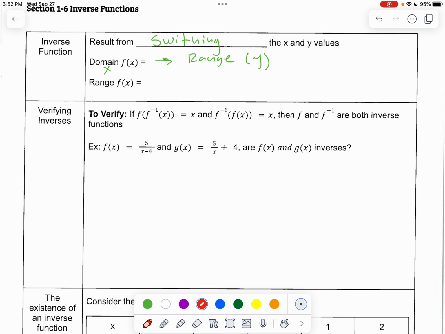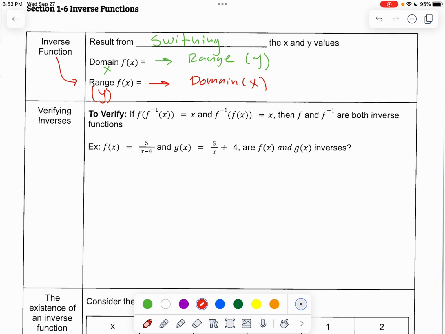When you use the inverse, you usually have your range, which is your y, and it takes you back to your domain, which is the original value. And that's pretty much what an inverse does. It should take you back to where you belong in terms of your domain and your original values.